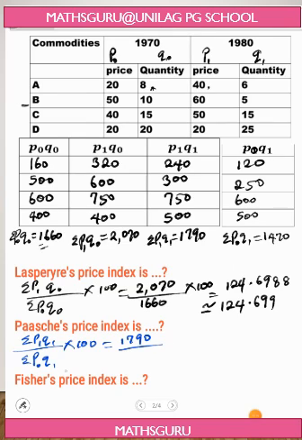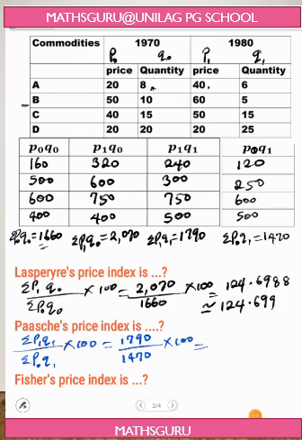We're going to divide this by the summation of P sub 0 Q sub 1, and that is 1470. Then multiply it by 100. Please do that very well. Confirm what we have here.